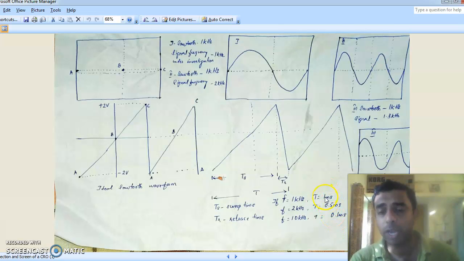What I mean by 1 millisecond is that the trace will take 1 millisecond to travel from A to C. And 0.1 milliseconds means the trace will take only 0.1 milliseconds to travel from A to C. That means you are actually varying the speed of the stylus or the pointer.